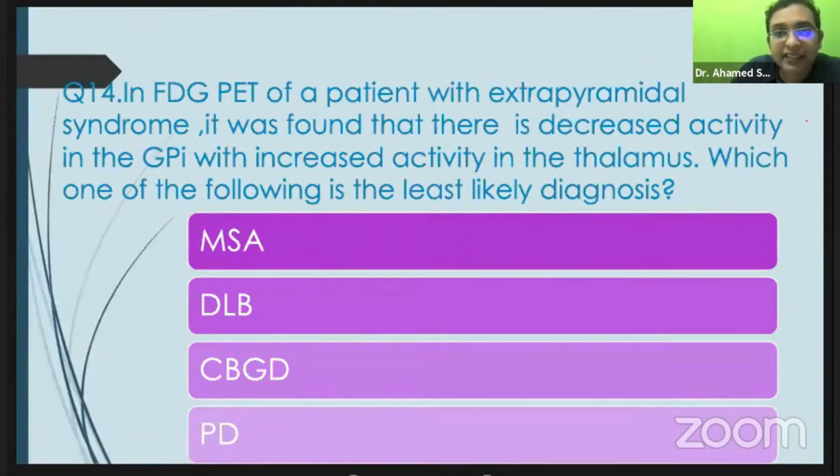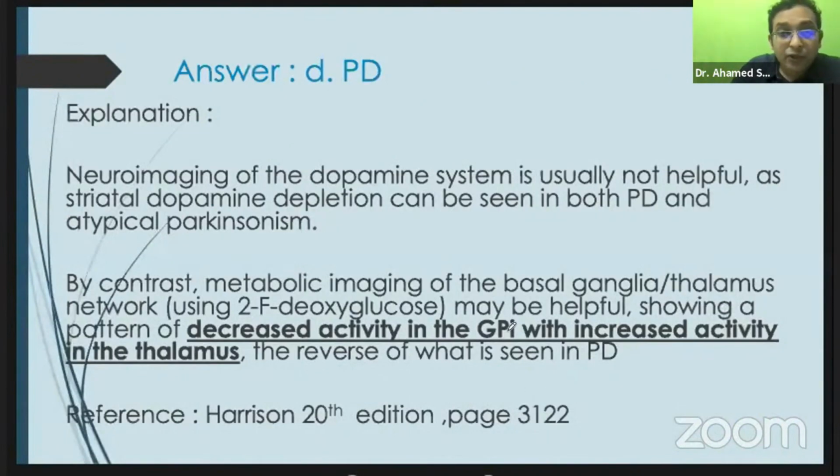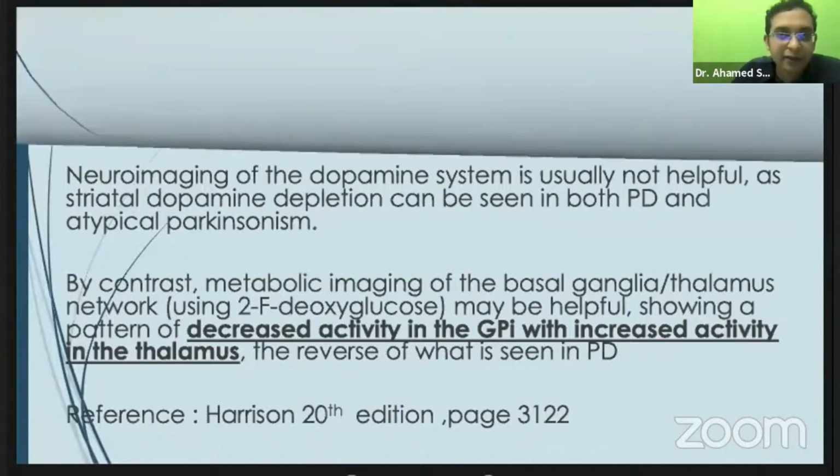That is what I was talking about. GP and subthalamic nuclei will be having increased activity in Parkinson's disease, and the thalamus will be having decreased activity. This is a word in Harrison. So don't just learn by heart. This is actually the concept. Because you have studied this pathway, it's pretty clear that this is the reverse of what happens in PD. So this is how we differentiate essential tremor and others from PD, if you have a doubt.